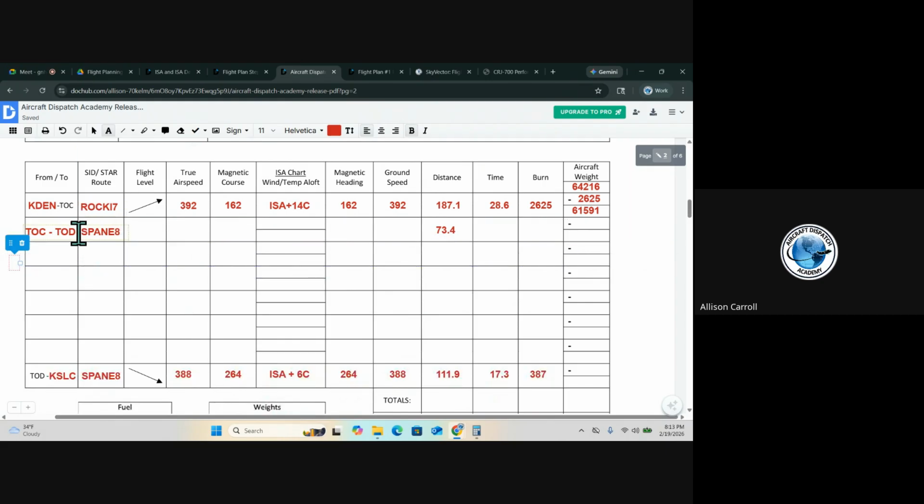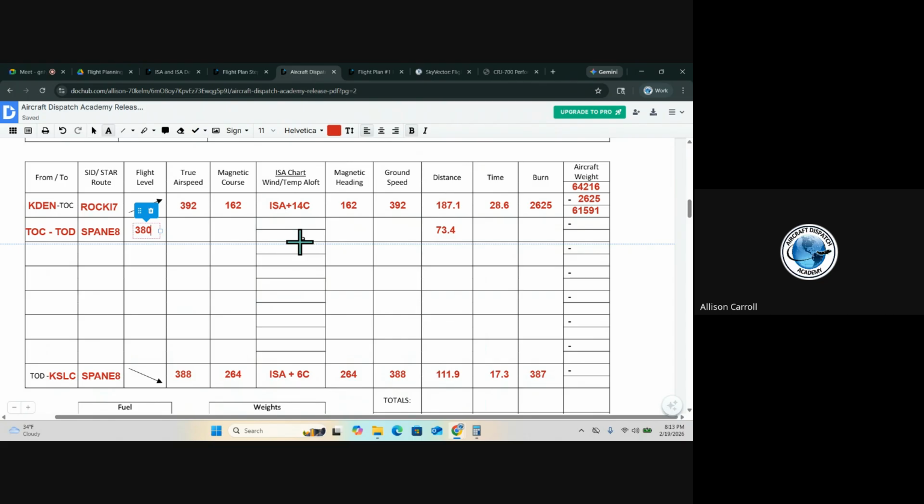We figured out that we are already on our arrival during our cruise portion, our top of climb to top of descent. We're at cruise, right? So at 380. Now we get to fill in all of these other fun things. We're at 38,000 feet, cruising at one flight level, not climbing or descending.